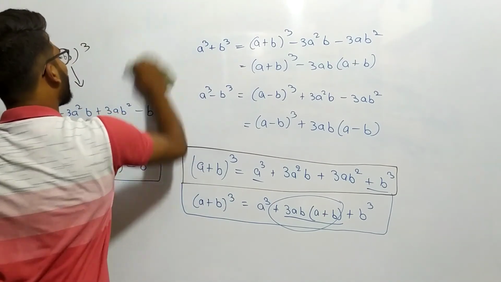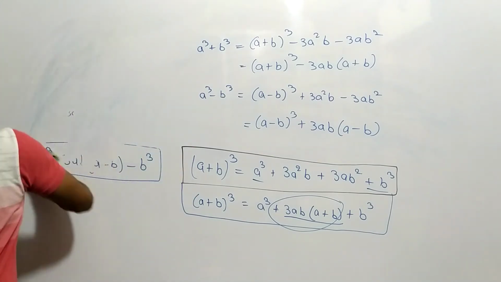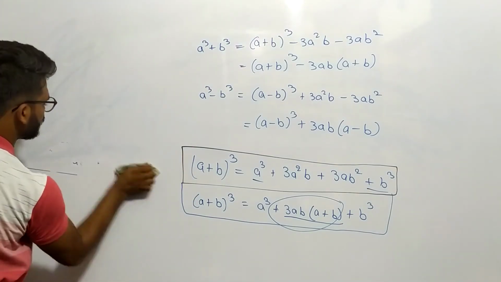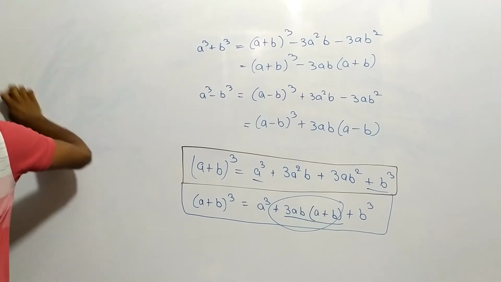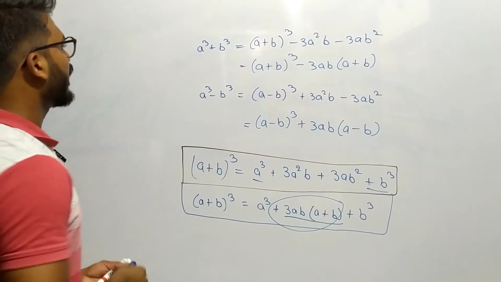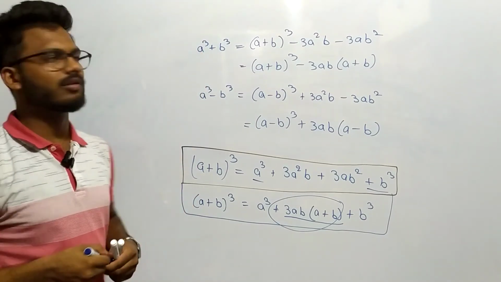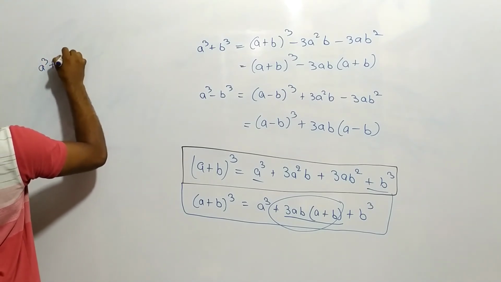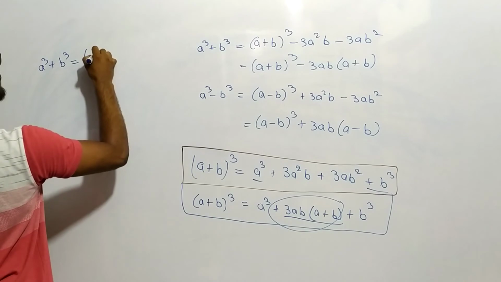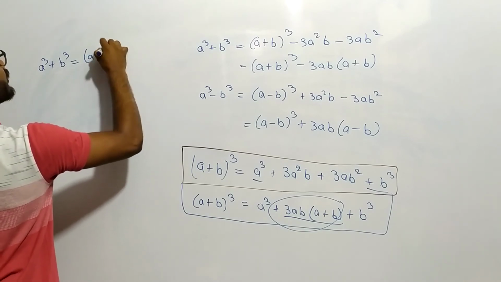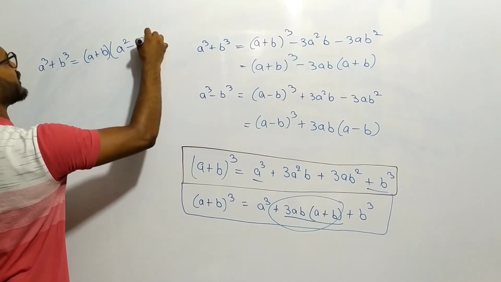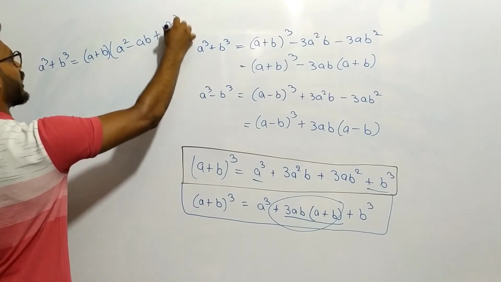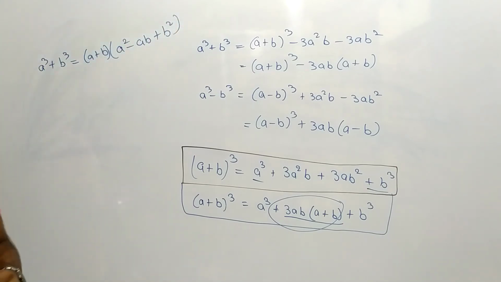Okay, based on the problem, we have to choose the formula. See, what is that formula? a cube plus b cube is equal to (a plus b) into (a square minus ab plus b square). This is one formula.